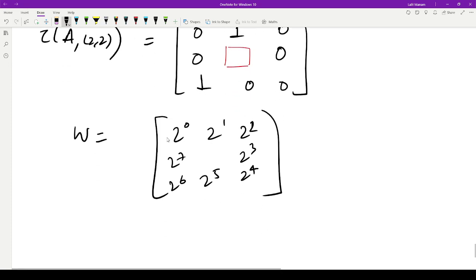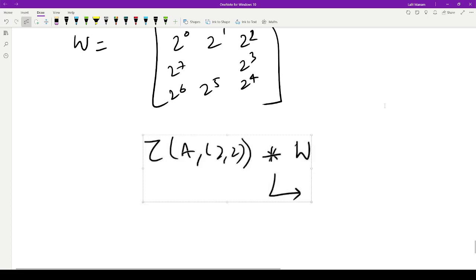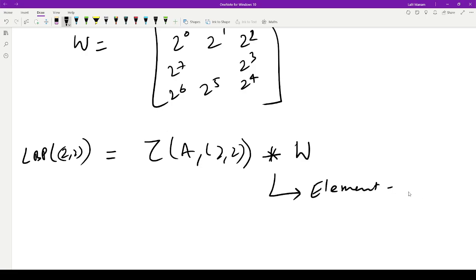We just need to do an element wise multiplication of these two things. So this LBP at location 2 comma 2 is this, where this is element wise multiplication.